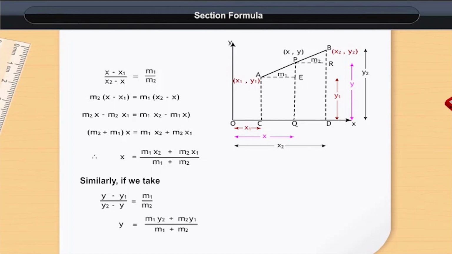Similarly, if we take (y minus y1) divided by (y2 minus y) equal to m1 divided by m2 and rearrange it, then we get y equal to (m1 multiplied by y2 plus m2 multiplied by y1) divided by (m1 plus m2). Let us discuss some special cases of the section formula.